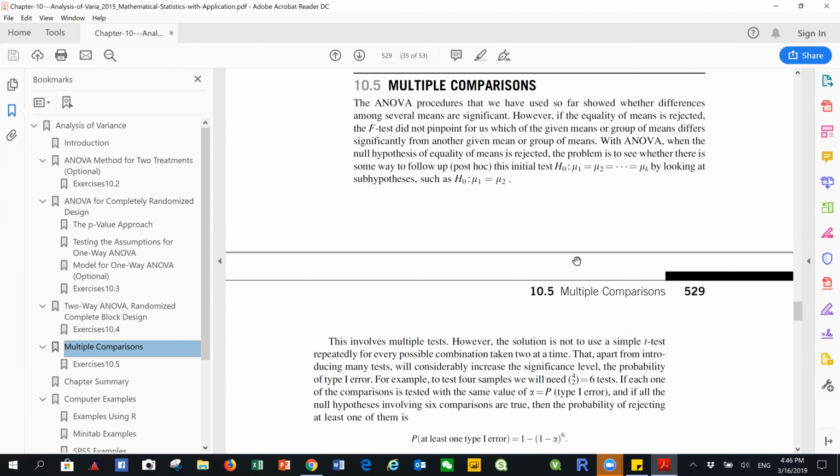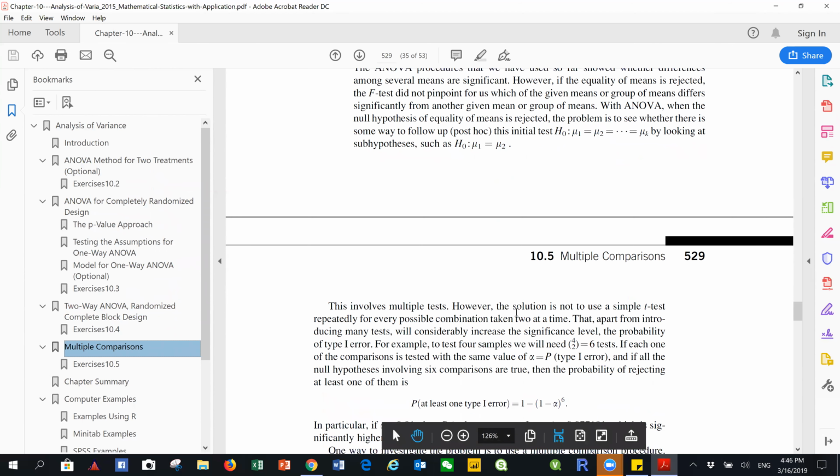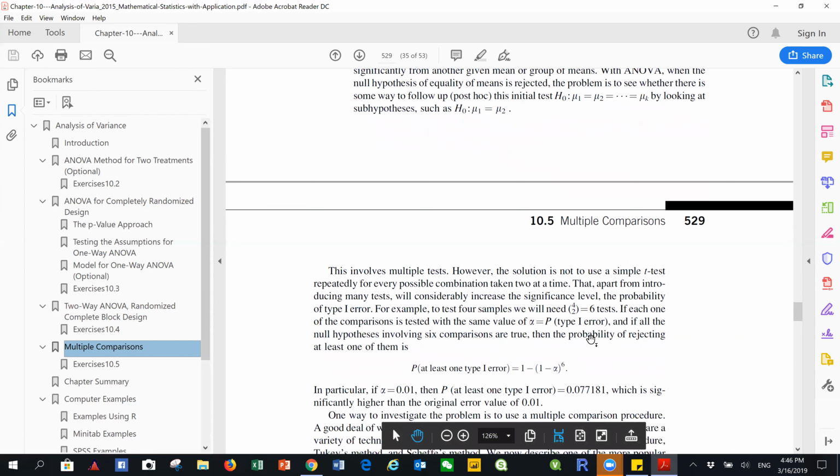The reason why we need multiple comparison is that, as I mentioned, theoretically you can use multiple t-tests in lieu of an ANOVA, but then it will make the type 1 error much bigger, as you can see here.